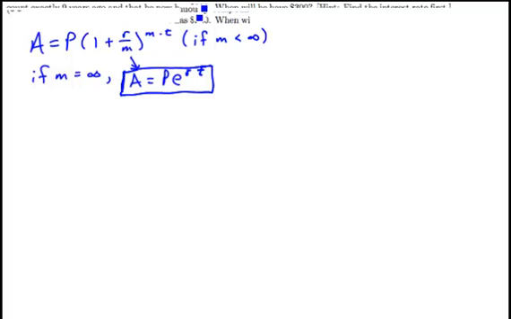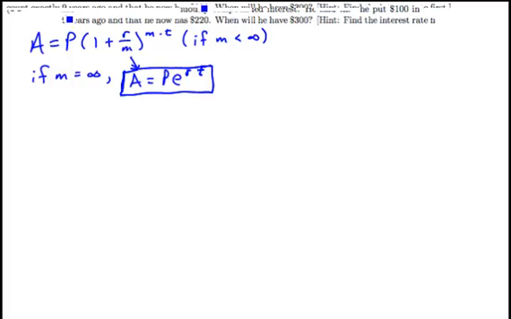And there are a couple of pieces to this. This hint gives us a suggestion, but hopefully we don't need that hint to realize this. If I know two values that he has in the account, $100 and $220, and I know the time between the two, then staring at this formula, the only value I would not know is the value r.